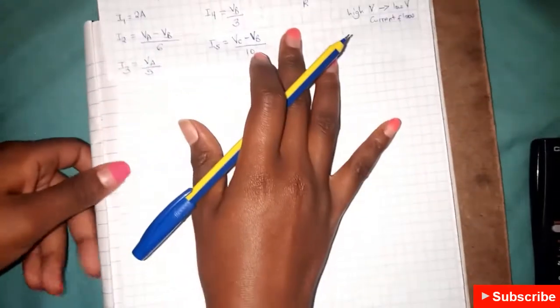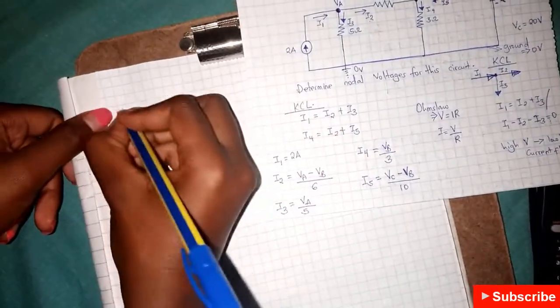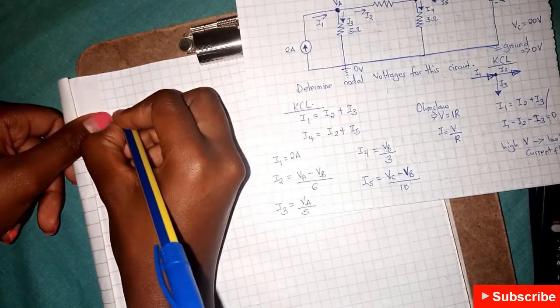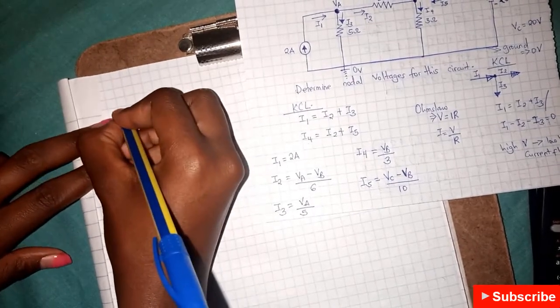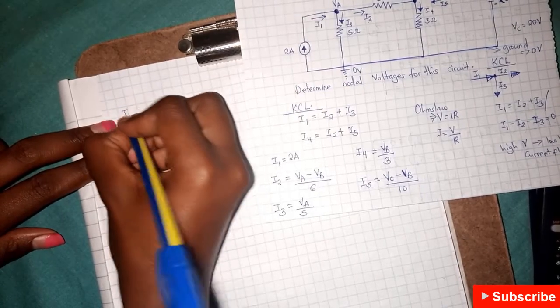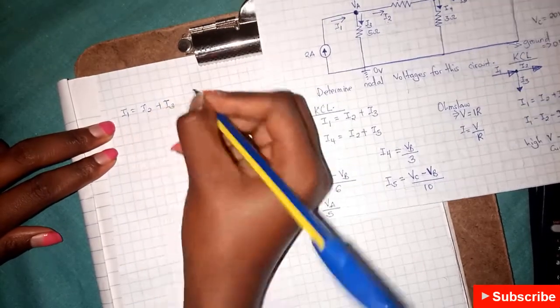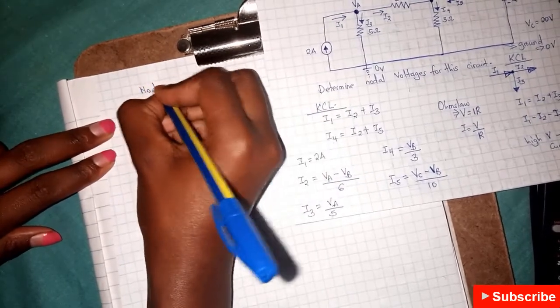Okay, so now using this, we have I1 is equal to I2 plus I3. This is node 1.